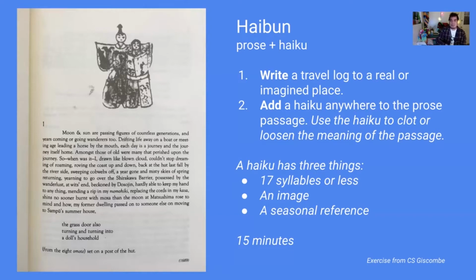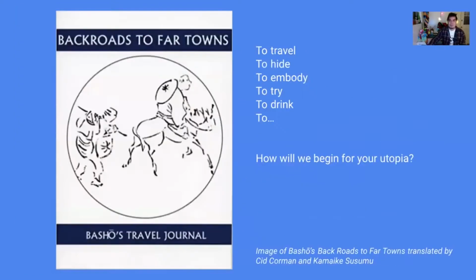You can turn it into a whole book of haibuns, as Basho did in his wonderful book, Backroads to Far Towns, which I encourage you all to read. In fact, when I was assigned this book in C.S. Giscombe's class, by the end of reading this book, I knew that I wanted to become a poet. This was the book by a non-living poet that made me want to become a poet.